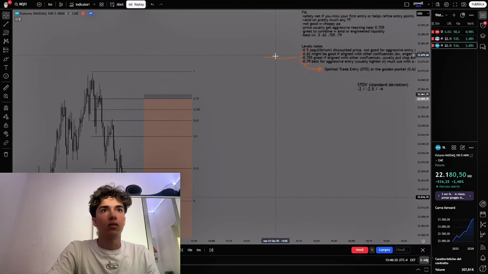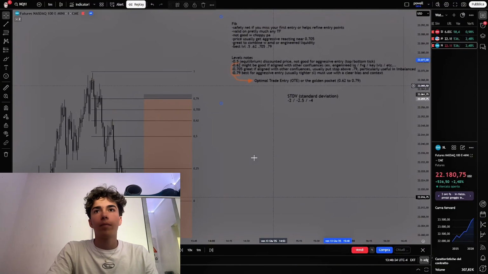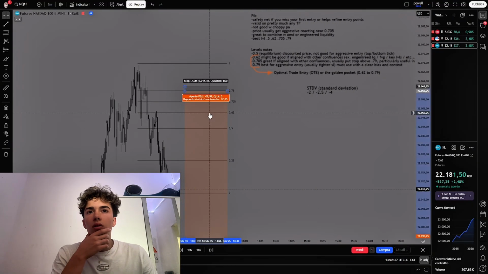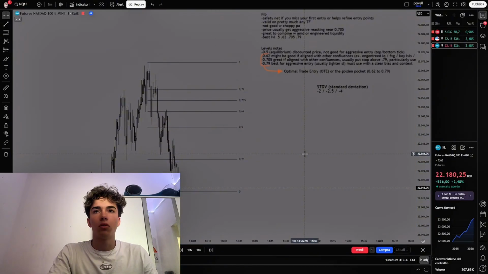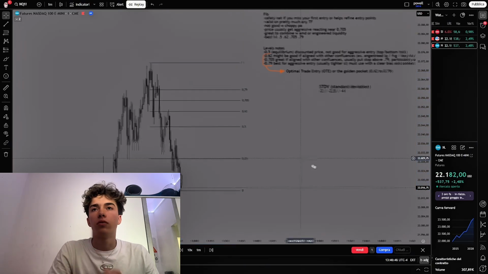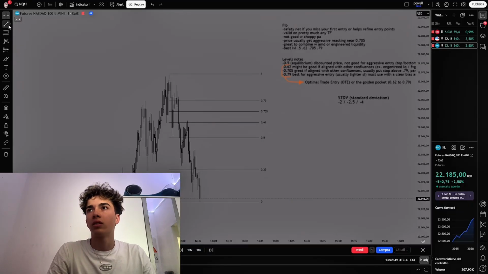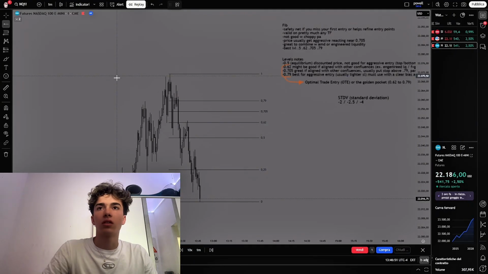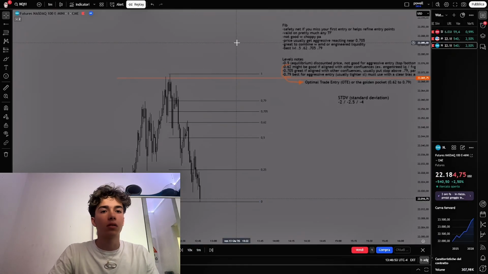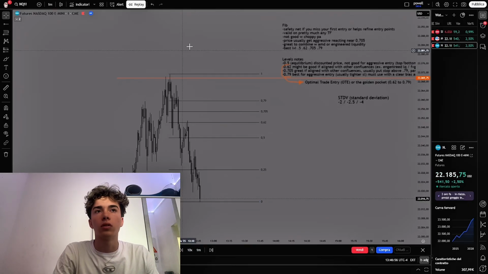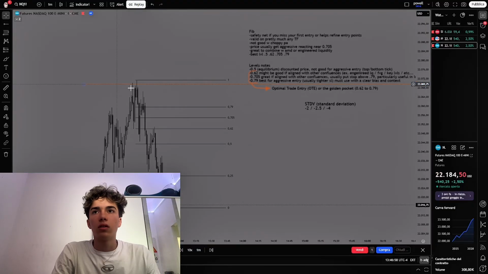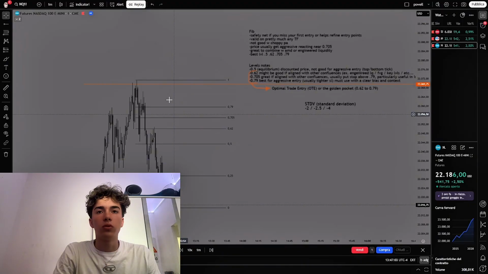Okay, let's delete these sheets. And here I have a perfect example of what a good use of the Fib could be. If, for example, my initial entry was here, but I missed it for some reason, or maybe it wasn't enough of a confirmation, I want the Fib to see if it was actually a good level.